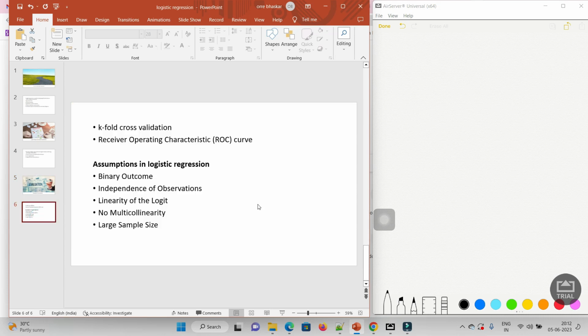Now that we built our logistic regression model, it's time to evaluate its performance and explore its assumptions. We will dive into techniques like cross-validation and ROC curves to assess the performance of our logistic regression model thoroughly.